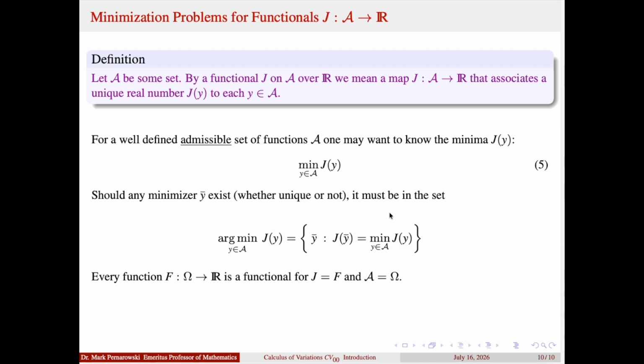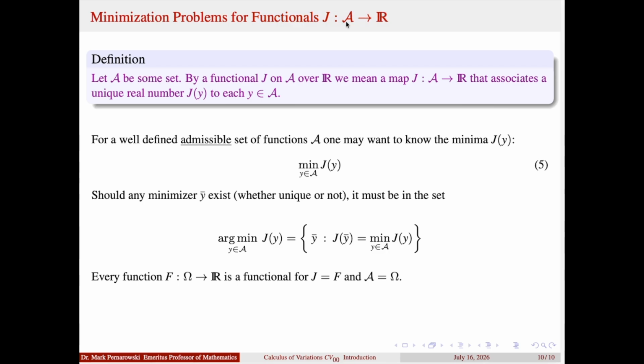The first thing we have to do is define something called a functional J. So a functional J is a function. It's a function that maps from some set A, it can be anything, into the real numbers.